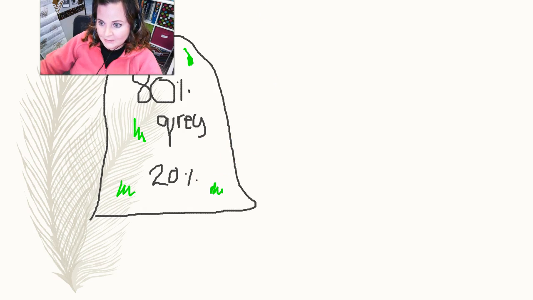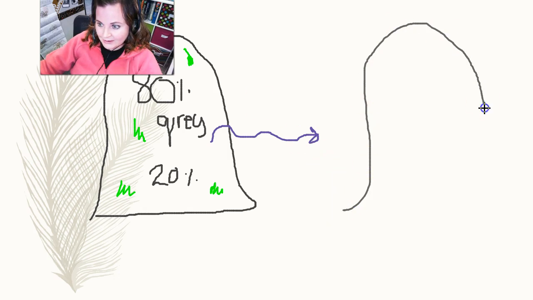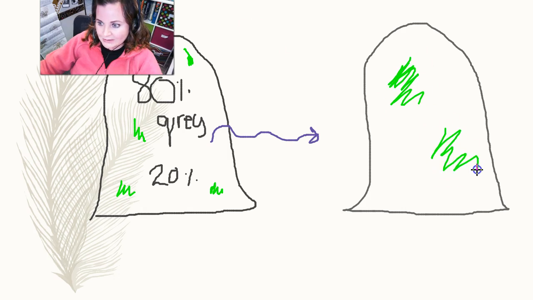But what happens is we see a change in the environment here. So over time, perhaps the environment changes, it warms up and becomes wetter and warmer. And now this rock, still a gray rock, but now we see more moss forming. More patches of moss, bigger patches of moss. The rock is almost covered with moss.